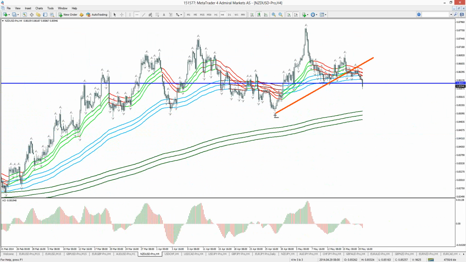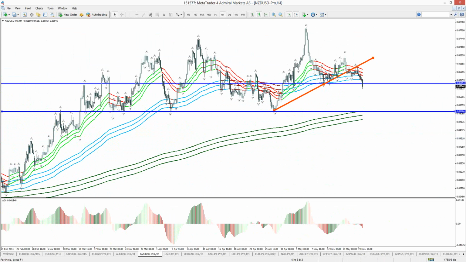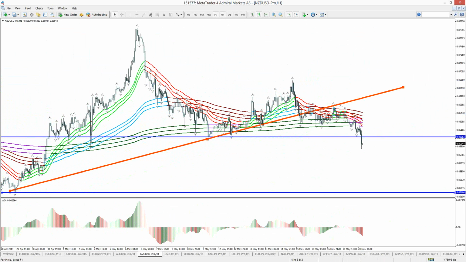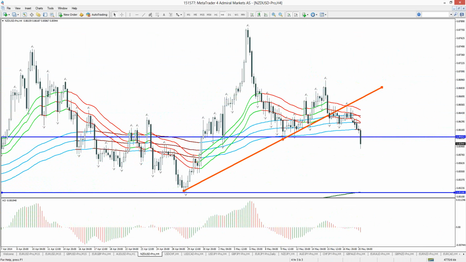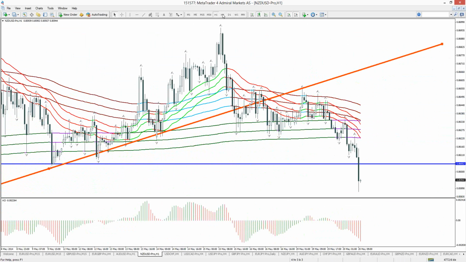So the target for the moment for the Kiwi downside would be the support level. Also, confluence between the horizontal level and the long-term moving averages on the 4-hour chart. So, for instance, we could take a look at the 4-hour chart, and you can see this downside here on the 4-hour and the hourly.